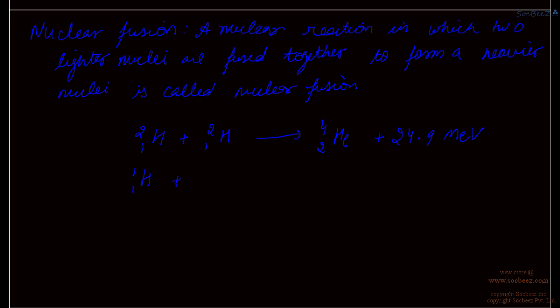And when 1 hydrogen fuses with 3 hydrogen, it gives out one helium or one alpha particle plus 20 mega electron volt of energy. So when two atoms collide, they release energy in units of mega electron volt. This is indeed a huge amount of energy, considering if we take it to the molar level.